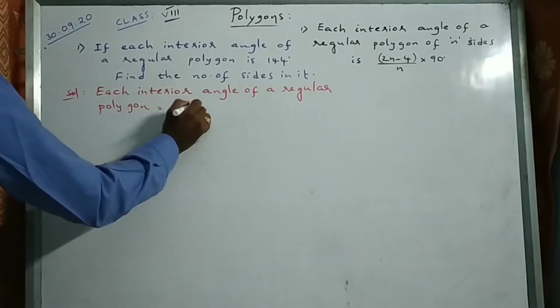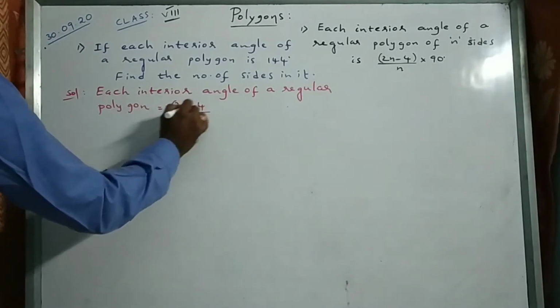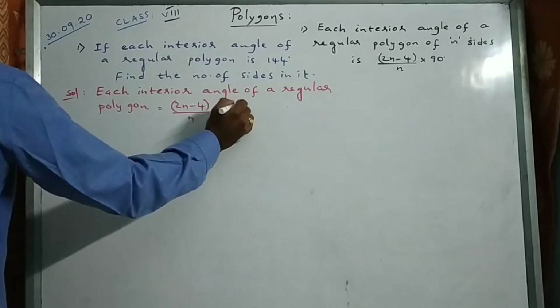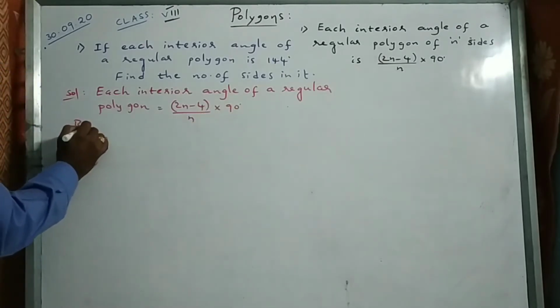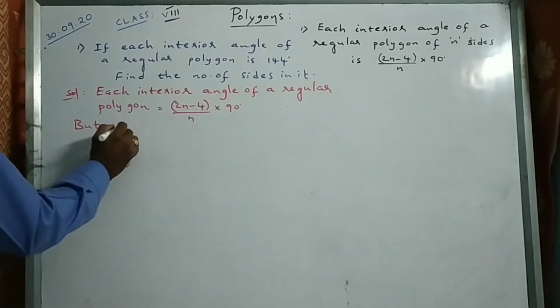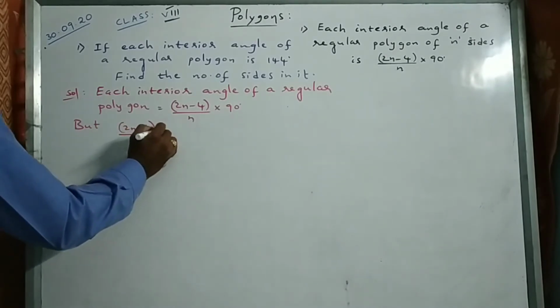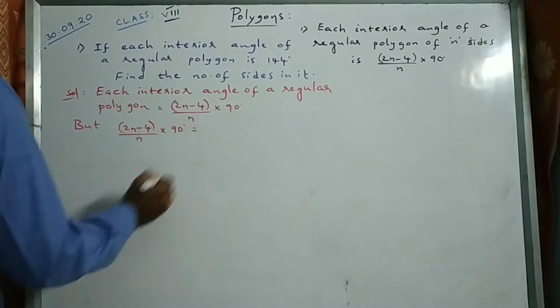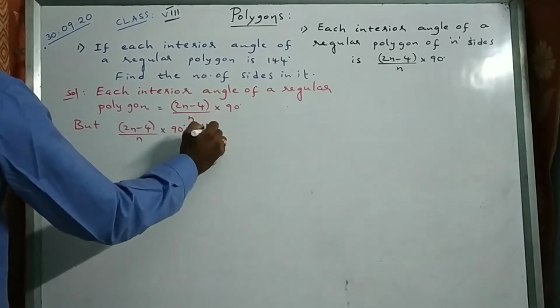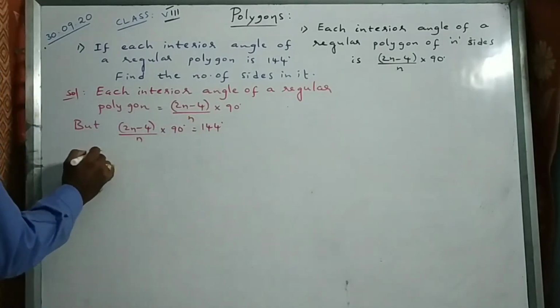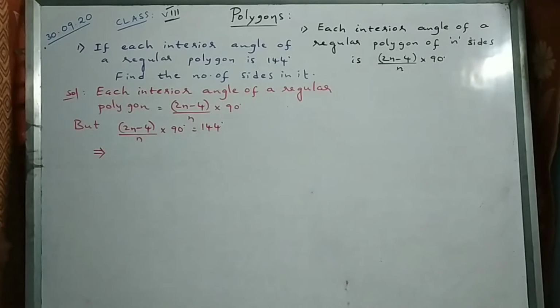It is (2n minus 4) by n into 90 degrees. But as per the data, what is given here? (2n minus 4) by n into 90 degrees is equal to 144. Clear? Now we have to calculate the value of n.